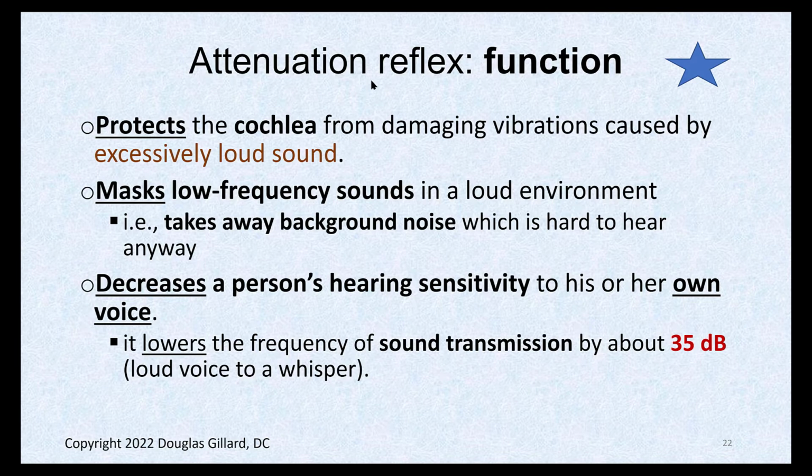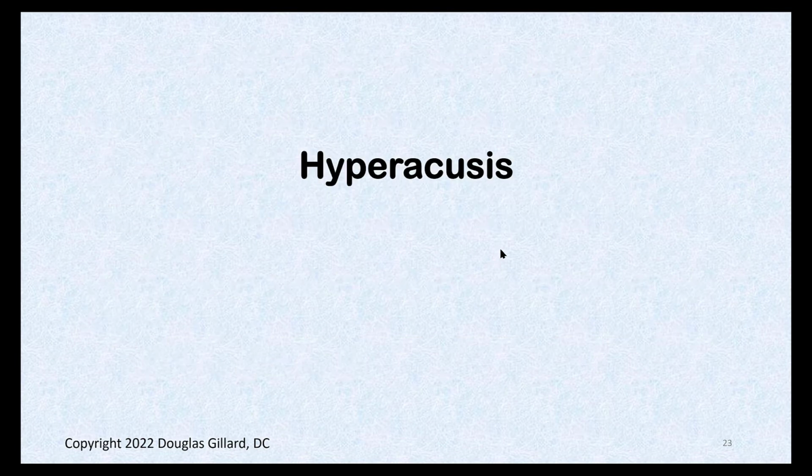If a really quick loud sound is generated, like a shotgun blast going off by your ear, even fireworks, a jackhammer, the sound can hit your inner ear before this attenuation reflex kicks in, and you can damage the inner ear from very loud sounds, especially when they come on really fast and aren't kind of ramped up. So I won't test you on that, but I'm sure you know that already.